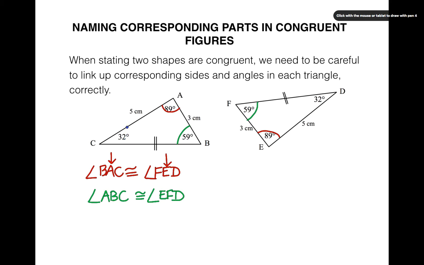And our third angle, angle C, matches up to angle D. So we're going to say that angle ACB, for example, is congruent to, so drawing ACB would be the same as drawing, EDF.